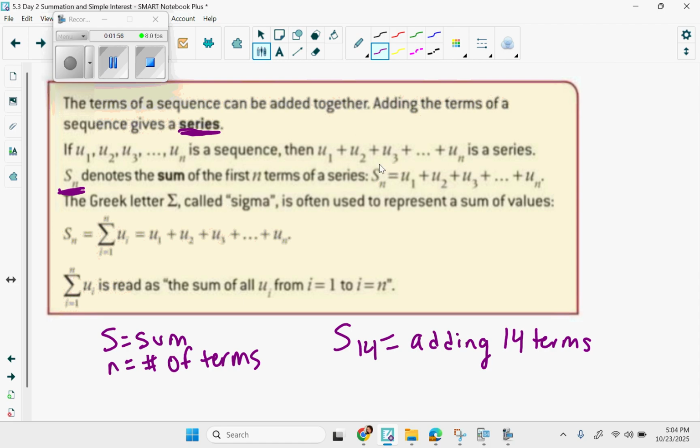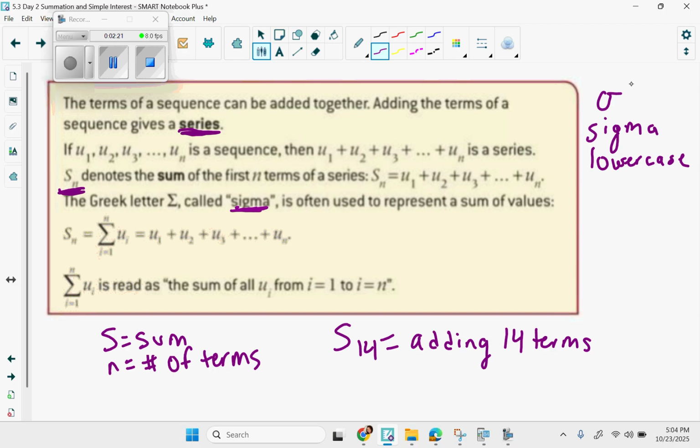Now, another notation we see is this Greek letter, which we call sigma. You may be wondering, didn't we learn about sigma before? Yes, but this is the uppercase, just as in English we have uppercase and lowercase. Upper and lowercase of these Greek letters do represent different things in math.